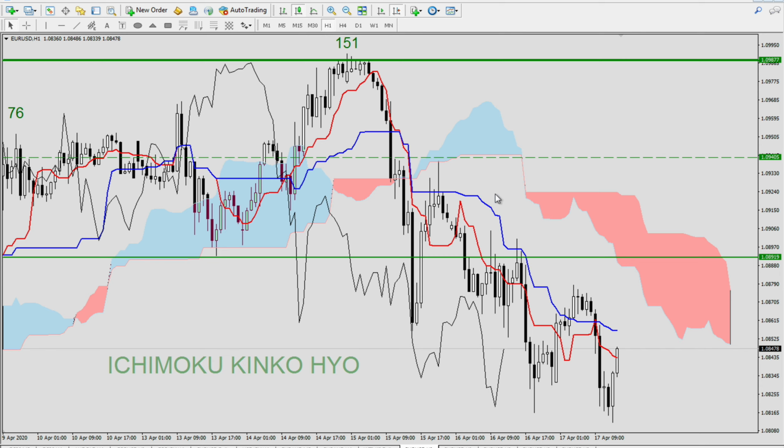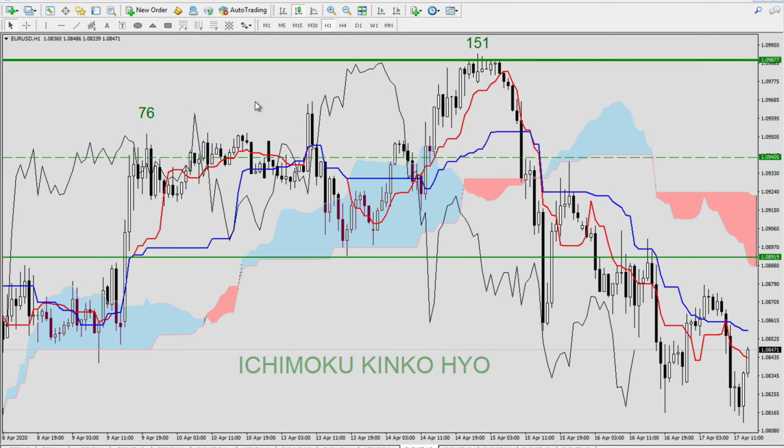Let's start with my favorite, Ichimoku Kinko Hyo. As you know from my previous videos, Ichimoku consists of 5 lines and 3 theories: the time theory, the price theory, and the wave theory.